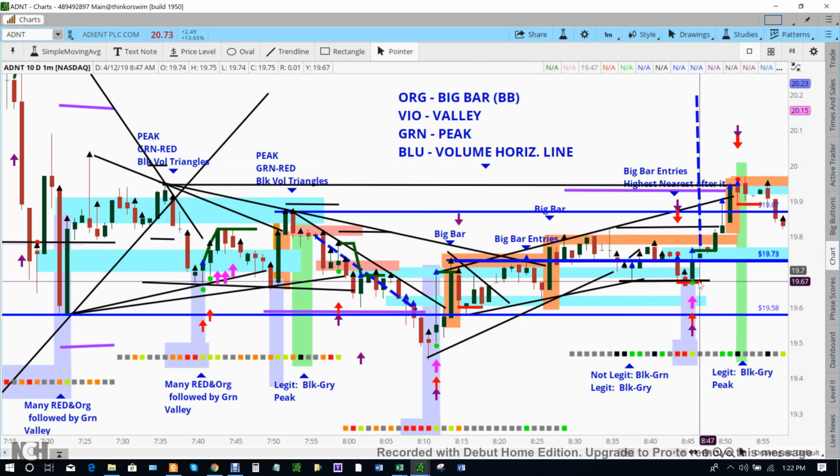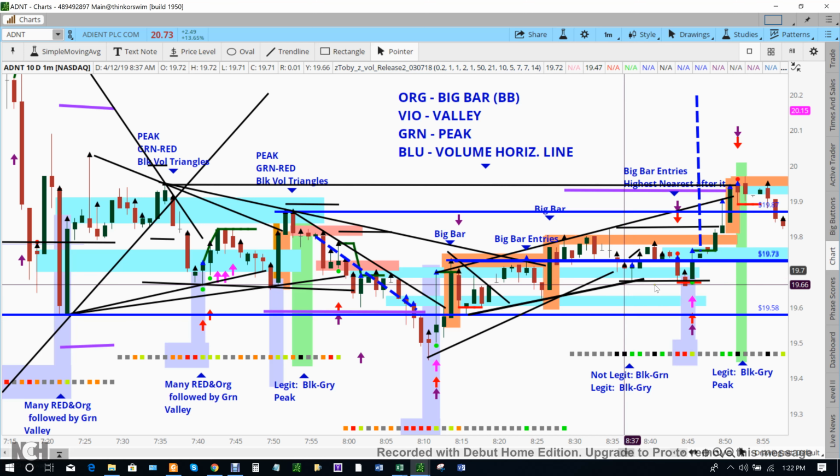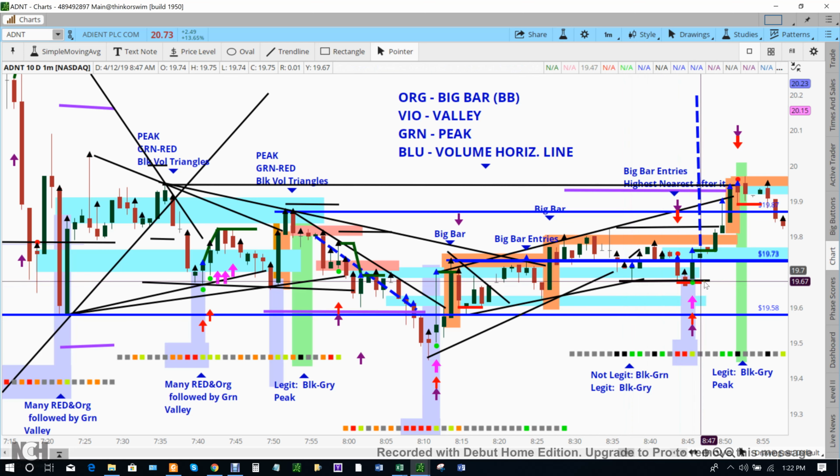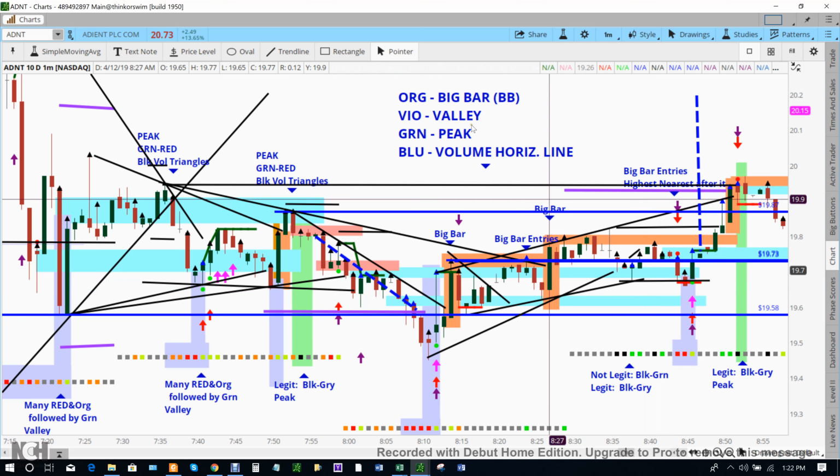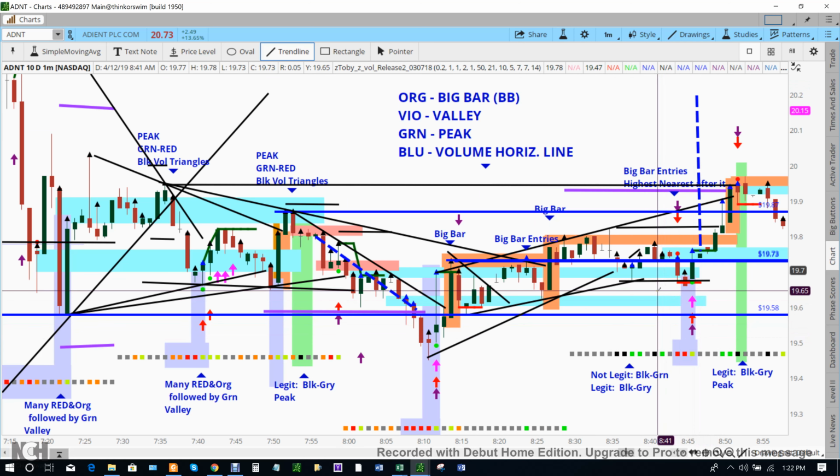The other thing we're going to do is, since this is a pretty powerful horizontal support line, we're going to come over here and put a stop loss.